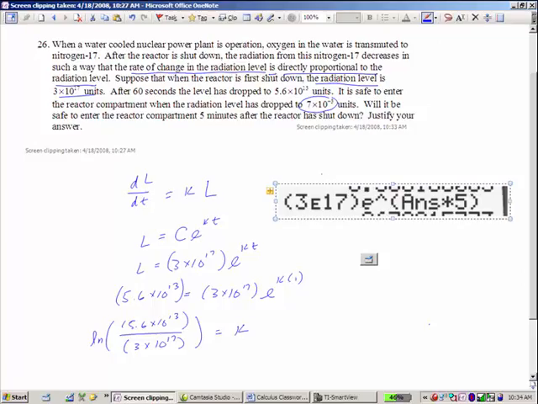This is C. There's e. The answer was k. And that's t. And we found that it's 0.067. Well, guess what? 7 times 10 to the negative third is 0.007. So it doesn't look like we're safe yet to go in. So don't go in after 5 minutes. You have to wait a little longer. I don't want you getting radiation poisoning or something.